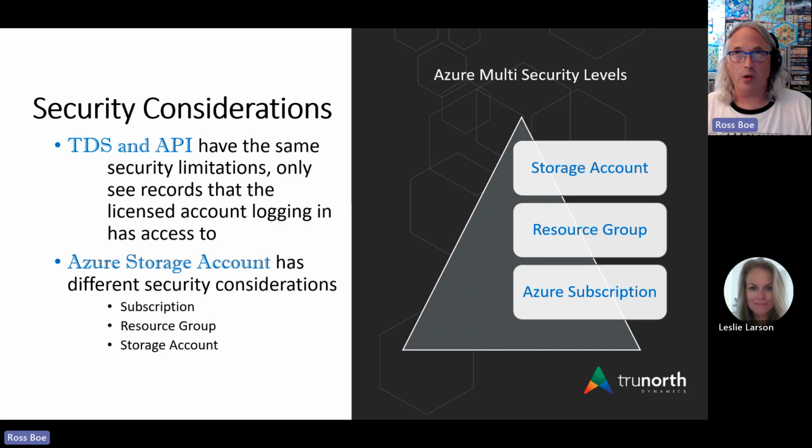For example, if I want to run reports against all accounts in the system, but I only have the salesperson role, I'm only going to see the accounts that I own. I can't run reports against accounts across the entire system, only the ones that I have access to.